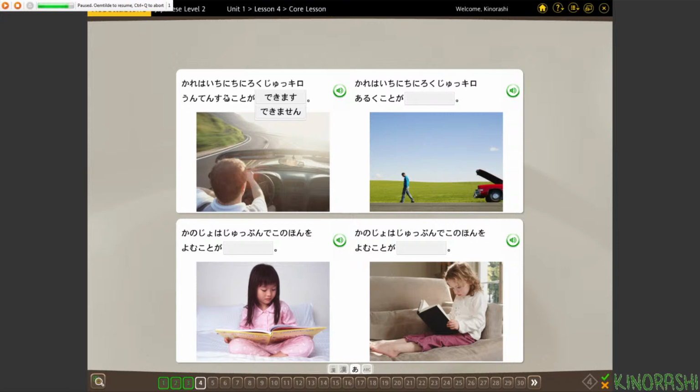Kare wa 1日に... Yeah, I guess this is sort of like how de marks the location an action takes place. Ni can mark a time period of an action taking place.